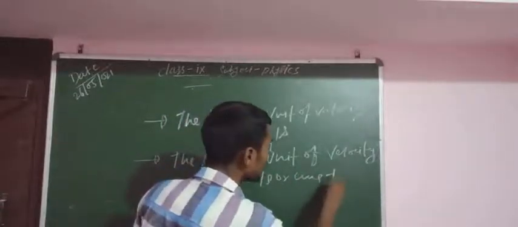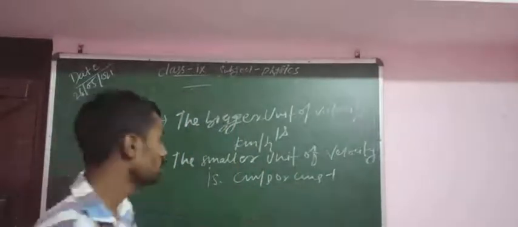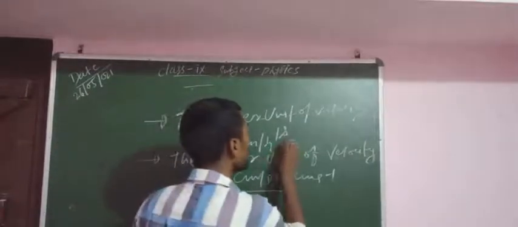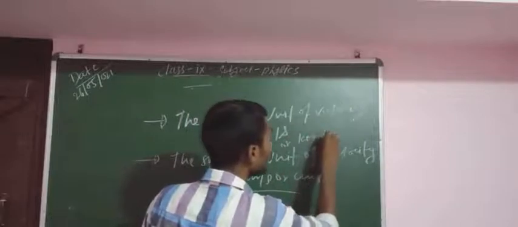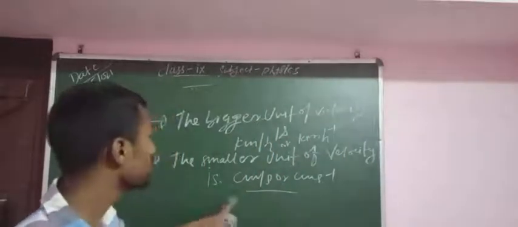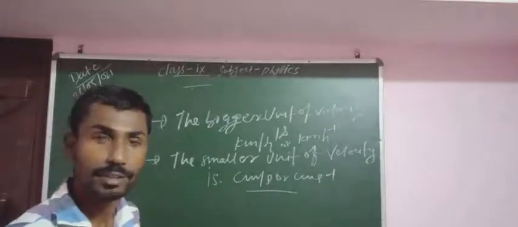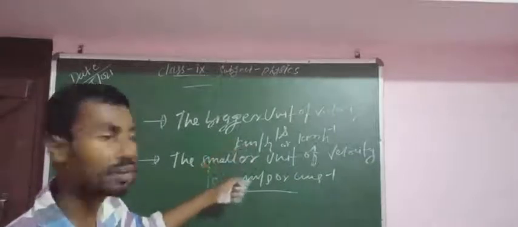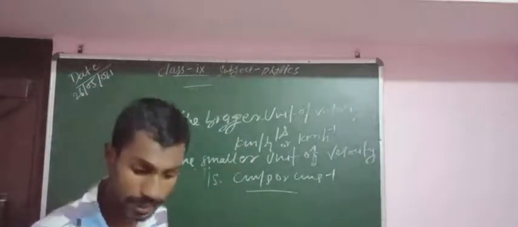So the bigger unit of velocity is kilometer per hour, and the smaller unit of velocity is centimeter per second.